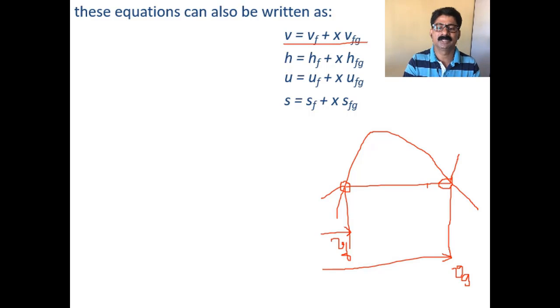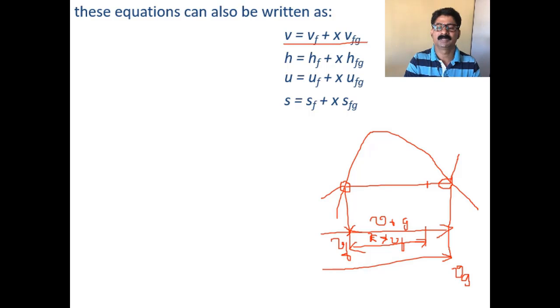Suppose it is in between, then you know that this length from here to here is Vfg. Now for wet steam, if the point is here, then the total volume is Vf till here plus this length, which is indicated by the dryness fraction x into Vfg.